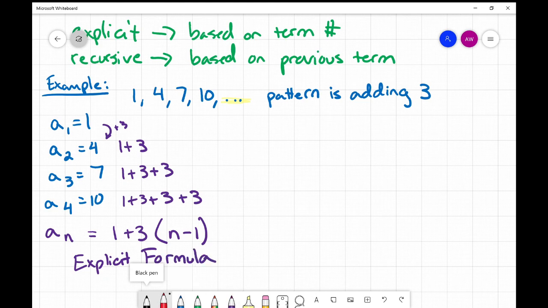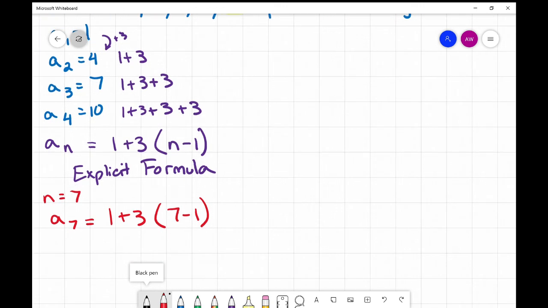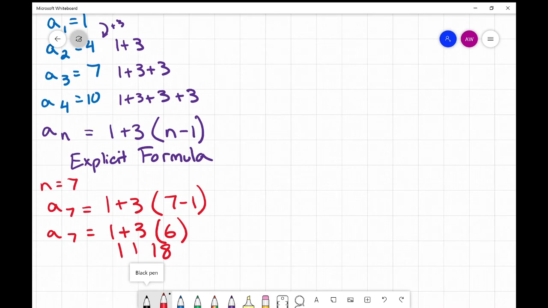So what do I mean by that? If I said, okay, I want to know what is the 7th number. So a sub 7 would be 1 plus 3 times 7 minus 1, because we're going to add 3 6 times to get up to that 7th number. So a sub 7 would be 1 plus 3 times 6. 3 times 6 gives 18, and we're going to add on the 1.